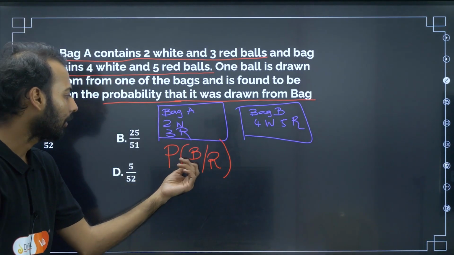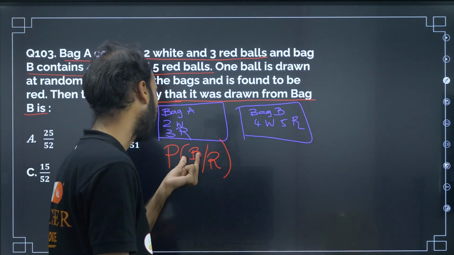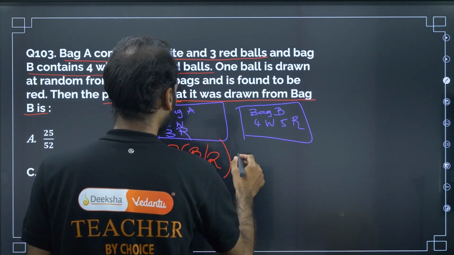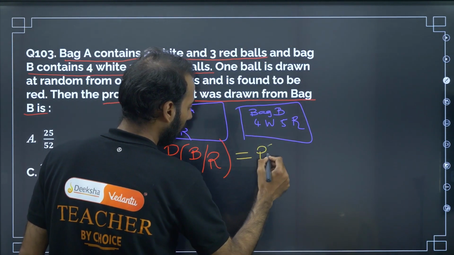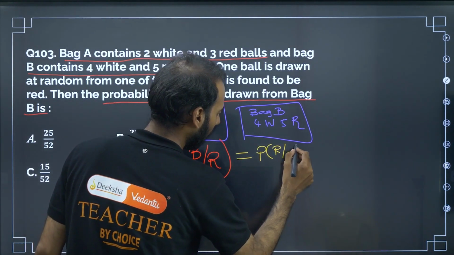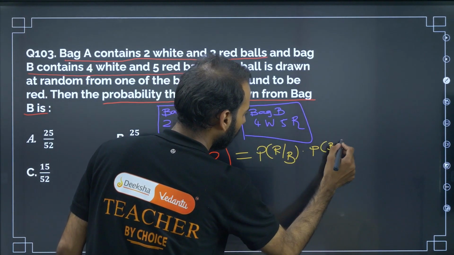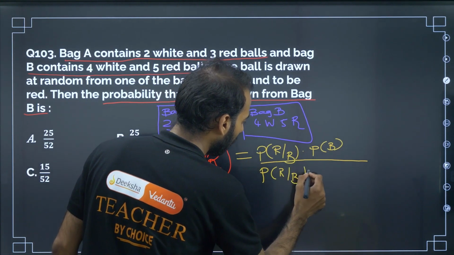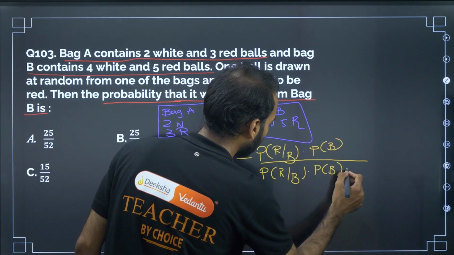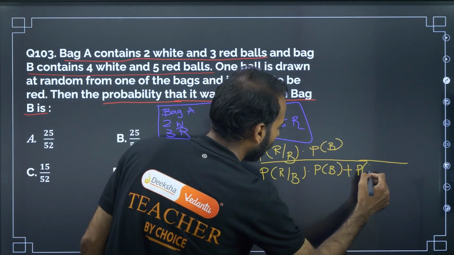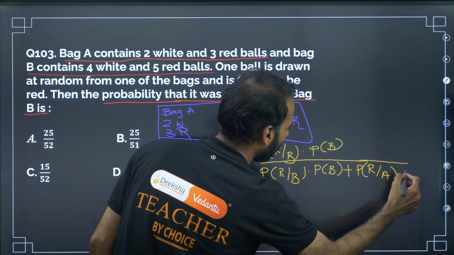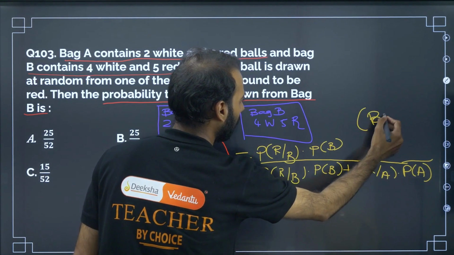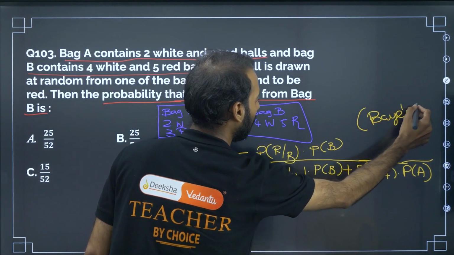Bayes theorem formula: probability of B given R is equal to probability of R given B times probability of B, divided by probability of R given B times probability of B plus probability of R given A times probability of A. I am using Bayes theorem. Try to recall, try to study Bayes theorem.